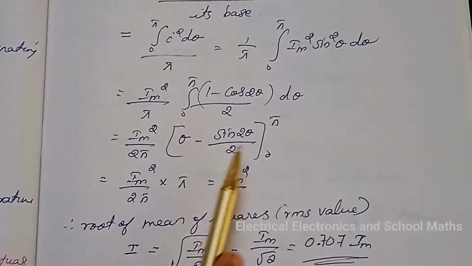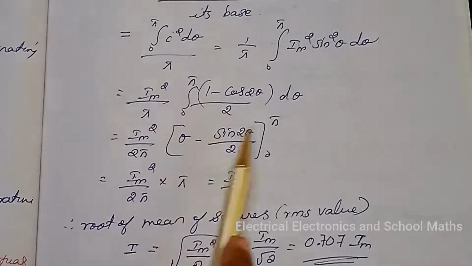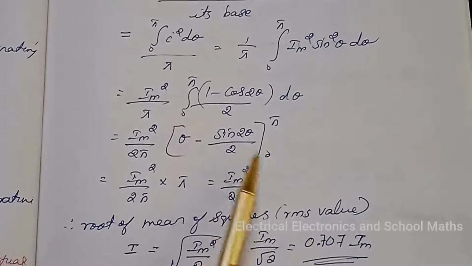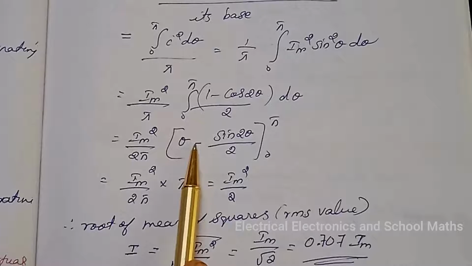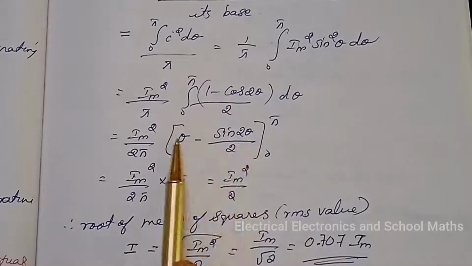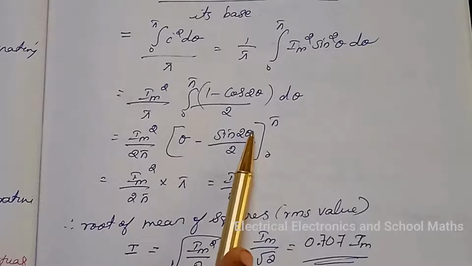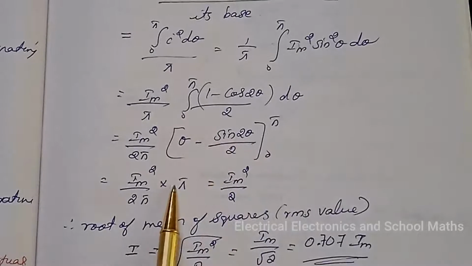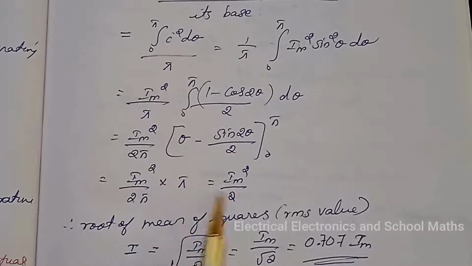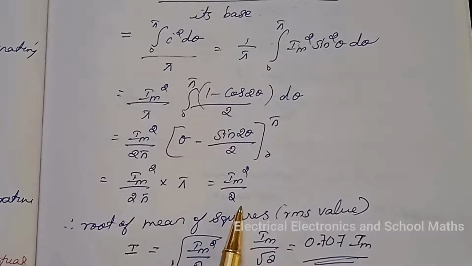Applying the limits, we get pi minus sin 2 pi, which is 0, then minus 0 minus sin 0, which is 0. Then we get pi Im square divided by 2 pi, that is Im square divided by 2.